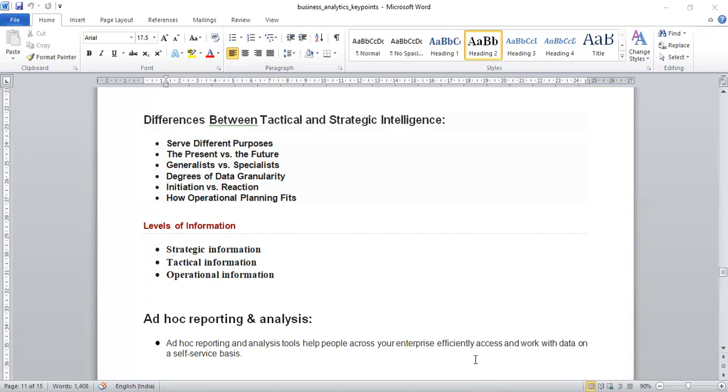Tactical intelligence, on the other hand, looks primarily at the current situation and gives users the information they need to carry out existing policy initiatives. So, present versus future.